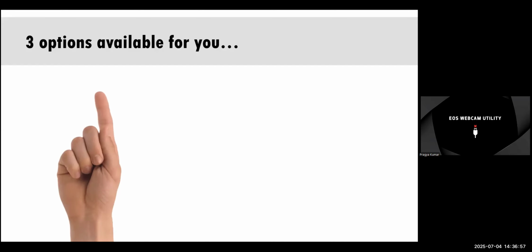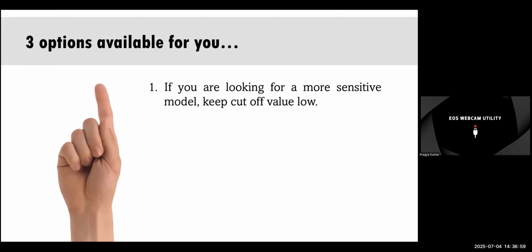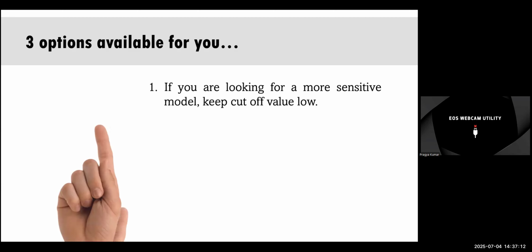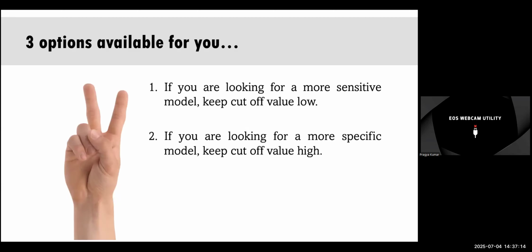So I've got three options. Like Dr. Ravi was saying, if I'm looking for a more sensitive test, I will look at each cutoff and decide on the tests which have high sensitivity. If my objective is high specificity, again I will go for a cutoff which has high specificity.